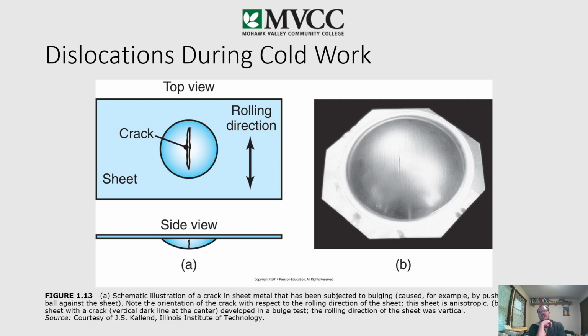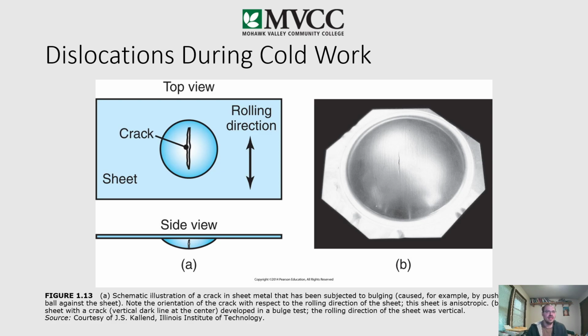Sometimes dislocations aren't a good thing, right? It's great because it can help increase strength and rigidity. But in certain cases, say in this one, I'm not sure, you're pushing a steel ball against a sheet, and they're trying to create this dome, right? And what's happening is it's cracking right here, right along one of its dislocations. So basically that dislocation has caused a split.